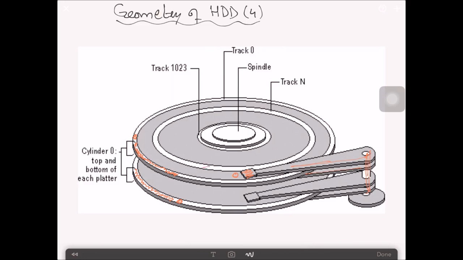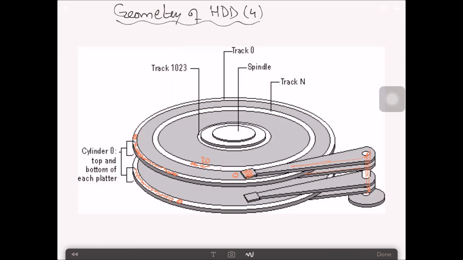Let's suppose that this is track 20. So if head 0 is at track 20, all the other heads will also be at track 20. So the track 20 on all the disk platters makes up a cylinder.